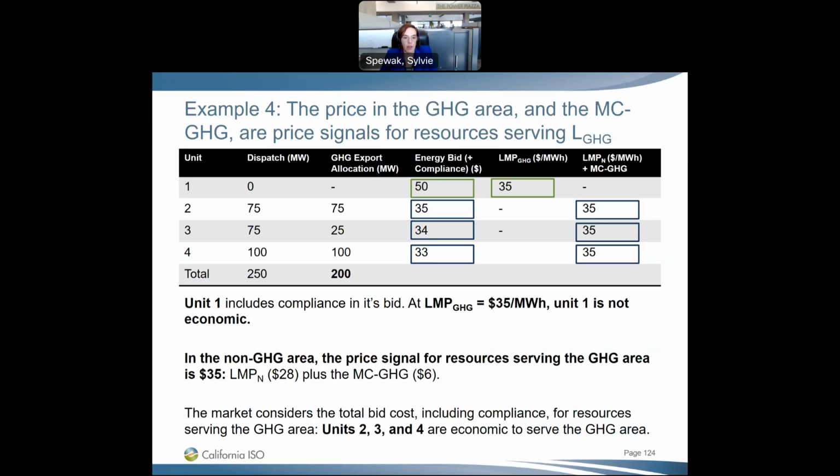So in the non-GHG area, Units 2, 3, and 4 are all economic to serve the GHG area. Unit 2, the marginal resource, makes 0 profit. Units 3 and 4 receive an additional profit given that we're using their full capacity. So this is an efficient price signal there.